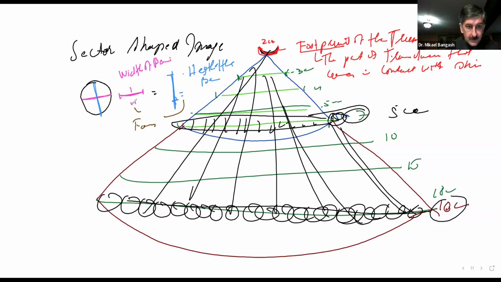At the focus, this is still going to be equal to this in terms of measurement.